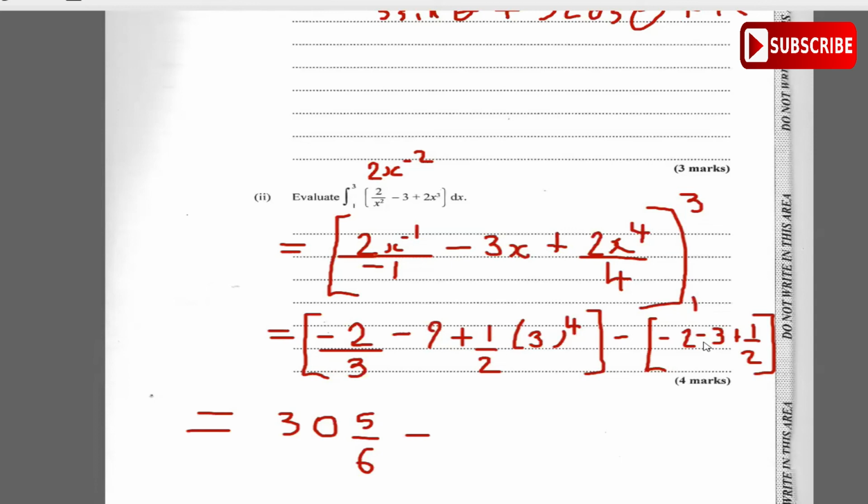That's minus 4.5. So it's minus negative 4.5, so it becomes plus 4.5. The integral works out to be 30 and 5 over 6 plus 4.5. I get 35 and 1 over 3, which is 106 over 3. Nice and easy.